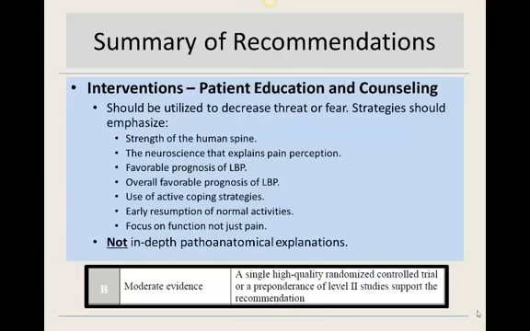They should continue to help support them in using active coping strategies, and they should really reassure the patient that they should resume normal activities and focus on function, not just pain. It is not recommended to include in-depth pathoanatomical explanations to patients, as this may create an increased amount of threat or fear to them.